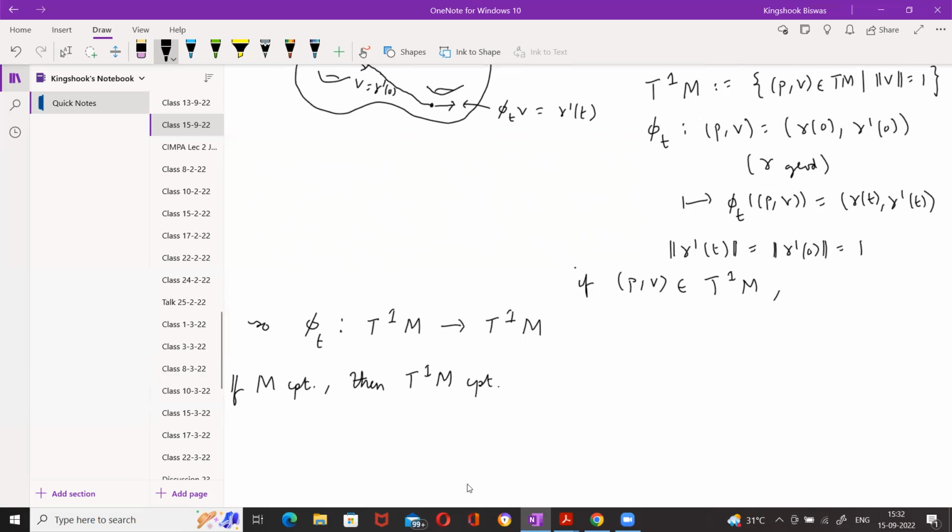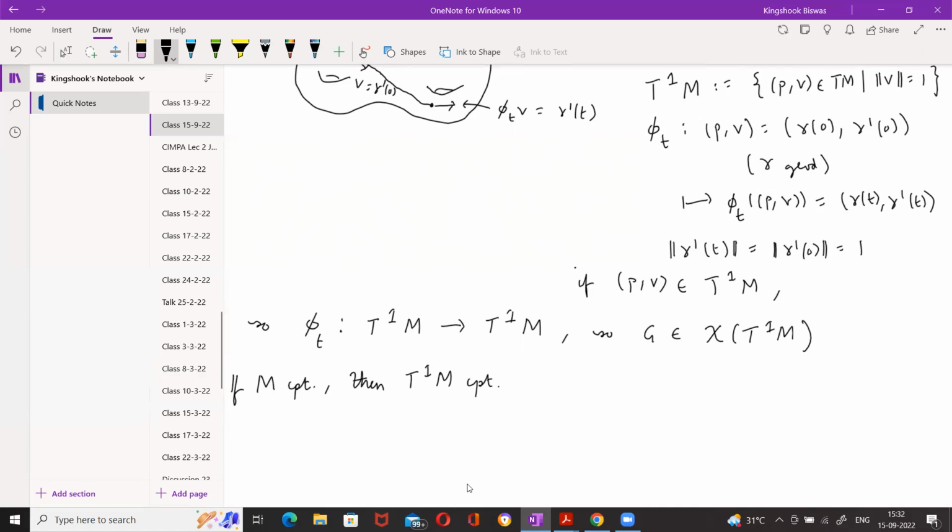And because the geodesic flow preserves the unit tangent bundle, I can think of the geodesic vector field as a vector field on the unit tangent bundle. At each point of the unit tangent bundle, it is tangent to the unit tangent bundle, right?